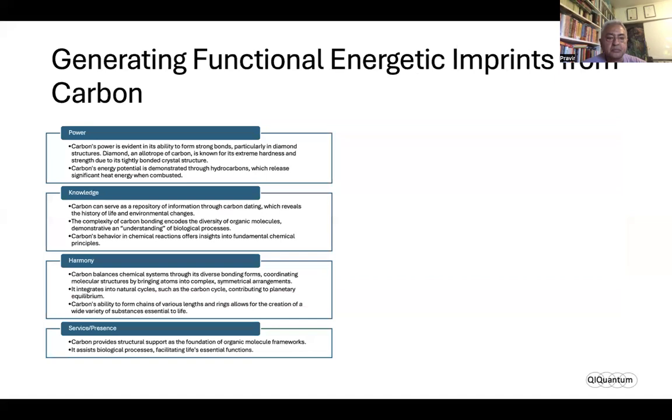So using carbon as an example, and I use carbon because it's a very versatile element, we know that it has a vast range of properties. So, for example, we have an energetic property called power that's evident in carbon's ability to form strong bonds, and particularly in its diamond structures.